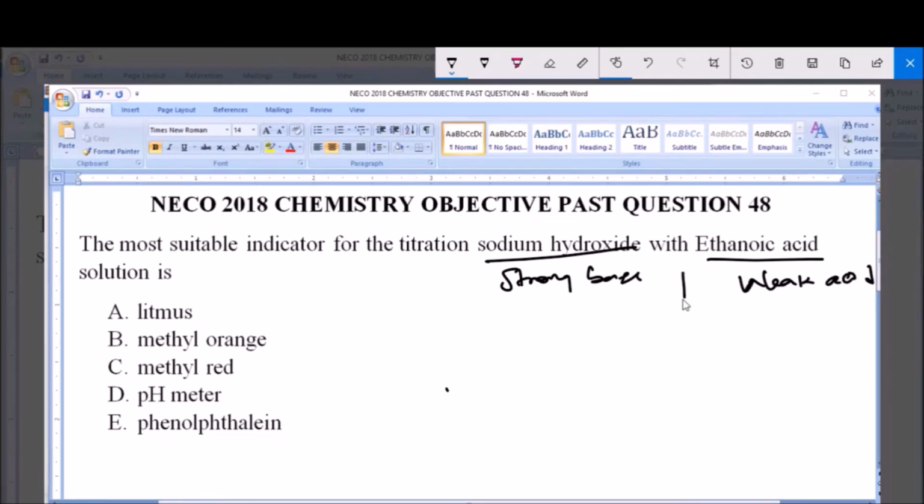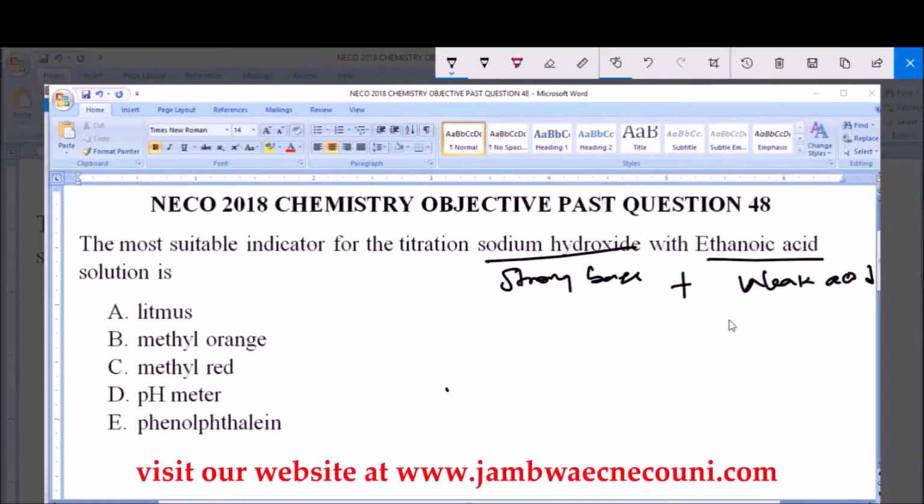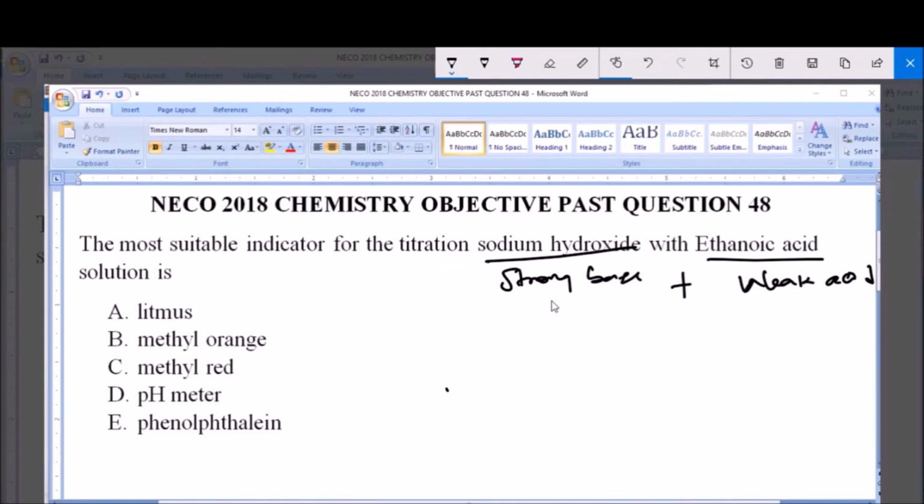And like we know, the indicator used for titration depends on the strength of these reactants, either strong base and strong acid, or strong base and weak acid, or weak base and strong acid, or weak acid and weak base.